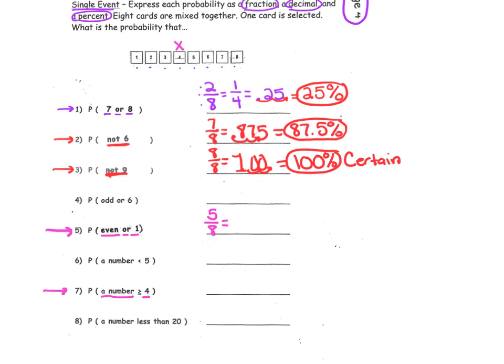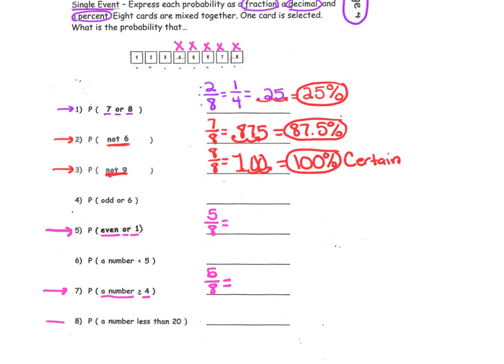Well, here's my 4. 5 is greater, 6 is greater, 7 is greater, and so is 8. We would have a 5 out of 8 chance of winning on a single draw. You can convert that to a decimal and then a percentage.